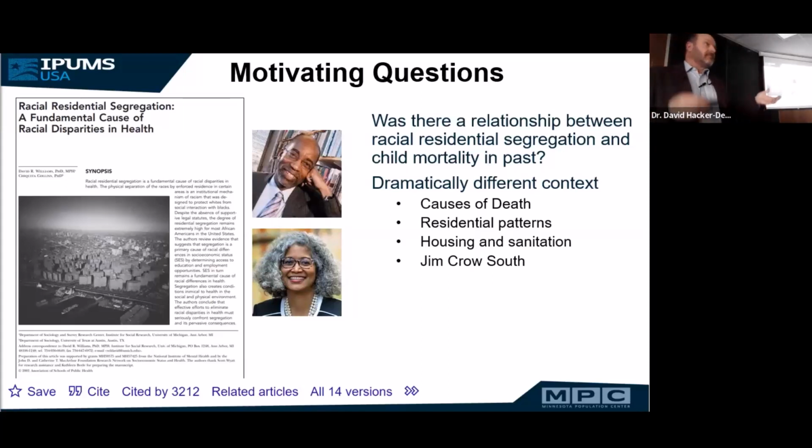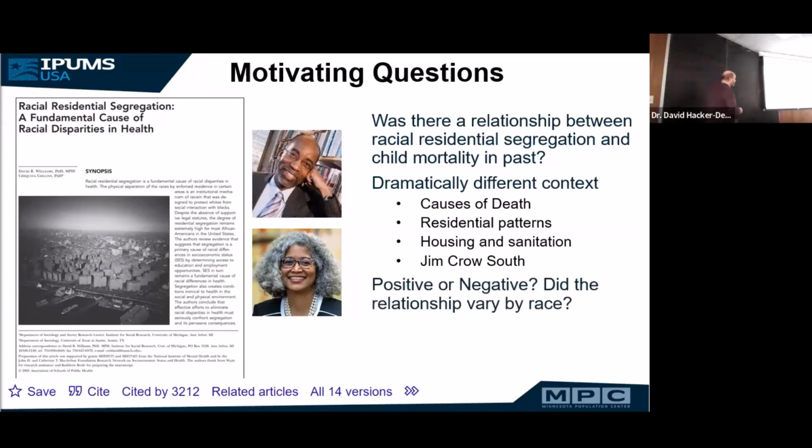If it does, yes, fundamental cause of racial disparities in mortality. Here's a question. Maybe it's a different relationship completely. And there are some people suggesting it is. That if there is a relationship, is it positive or negative?